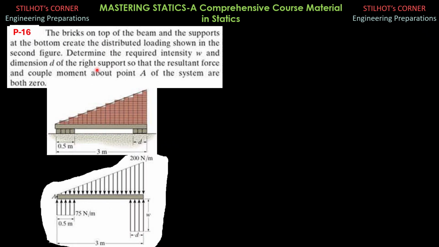Problem 16, the bricks on top of the beam and the supports at the bottom create the distributed loading shown in the second figure. So this is the original problem, and when this problem is modeled into this line diagram, this is the equivalent.